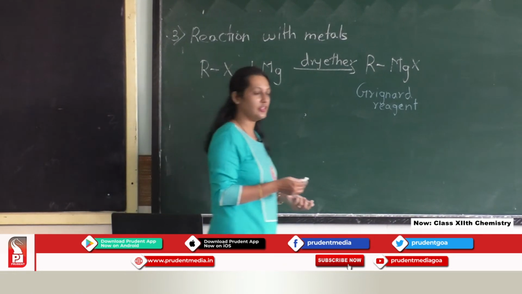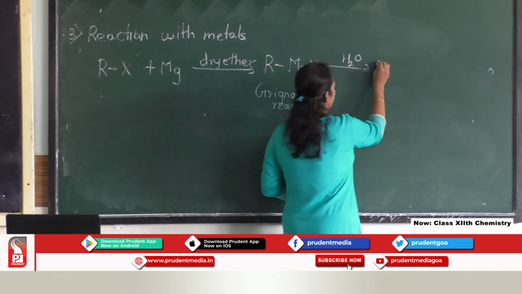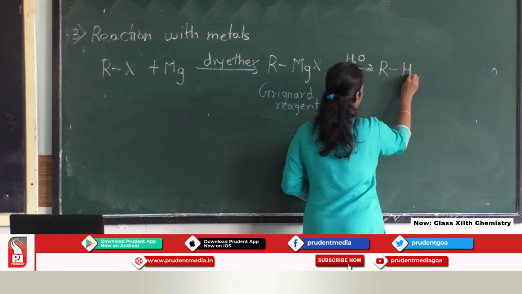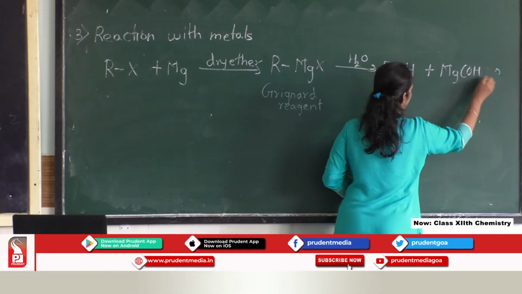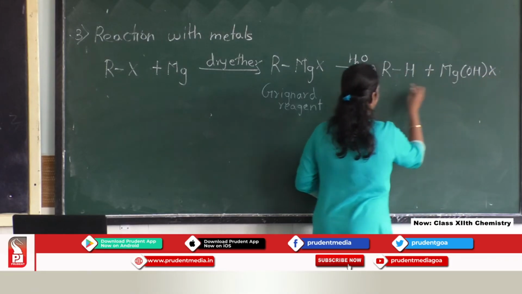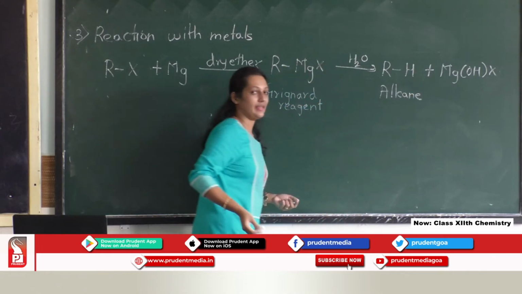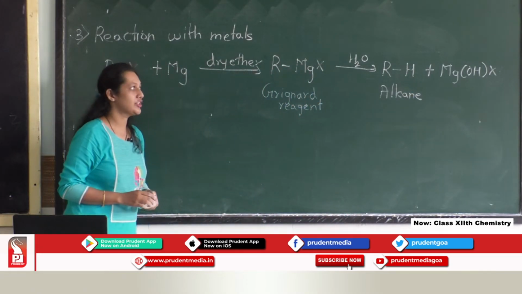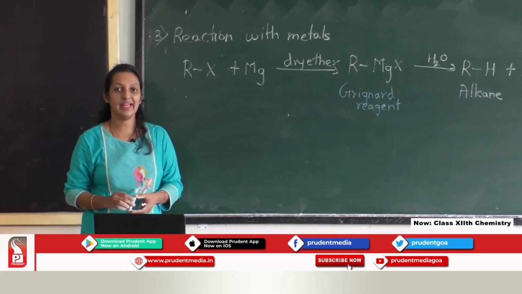Grignard reagent, when further treated with water, gives an alkane. So, this reaction can be considered as one of the methods of preparation of an alkane.